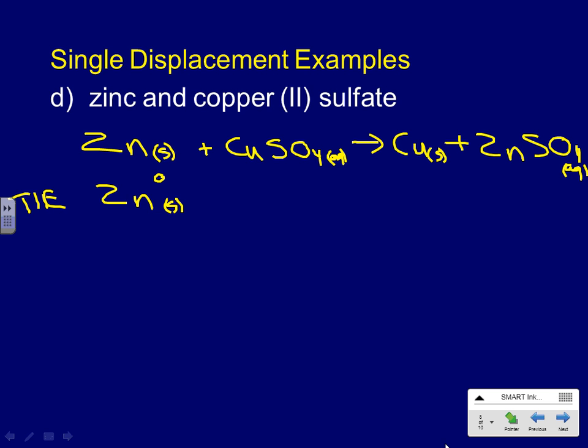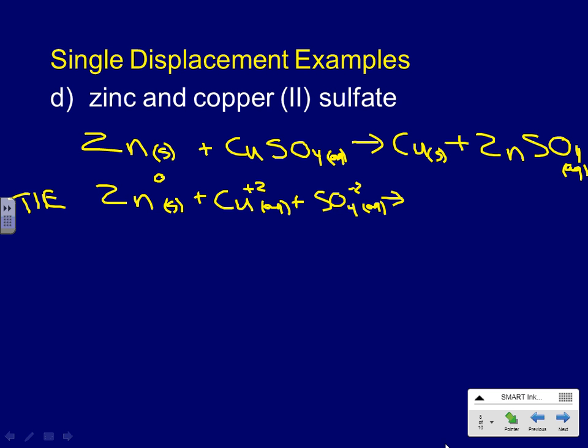Let's continue with the aqueous. Copper, this has been reacted. If I do the reverse crossover, it's copper plus 2 aqueous, and it is SO4 minus 2 aqueous, just like we did above, right? If it's aqueous, they're going to break apart into their ions.